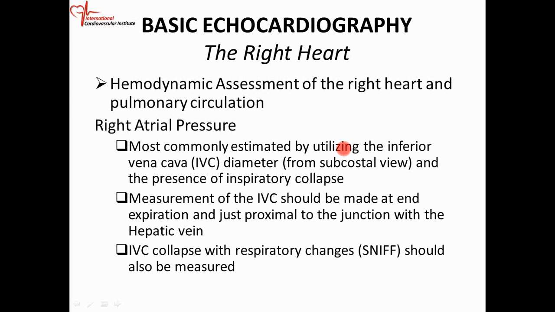So if it's not normal and it's not at the extreme, then it's 8. So the numbers you need to remember are 3, 8, and 15. 3 is normal, 8 is in between, and 15 is the extreme. So more than 2.1 and less than 50% collapse, you have 15.